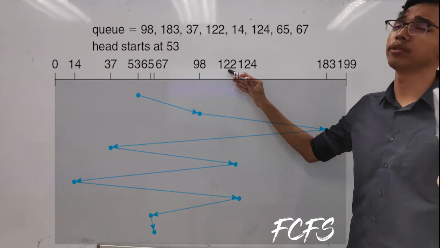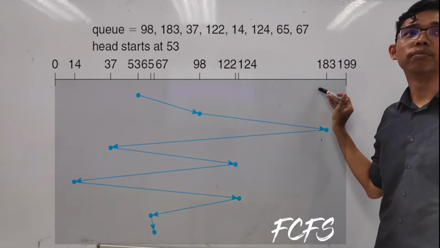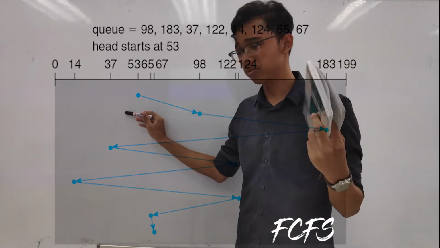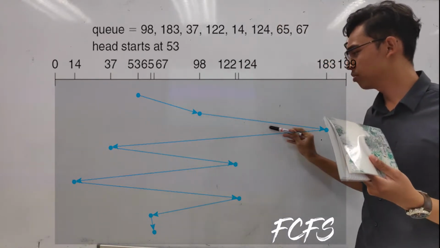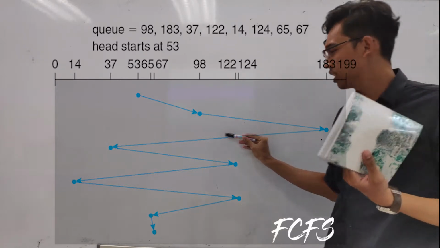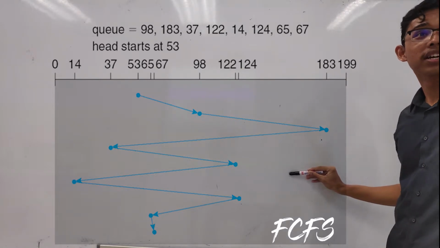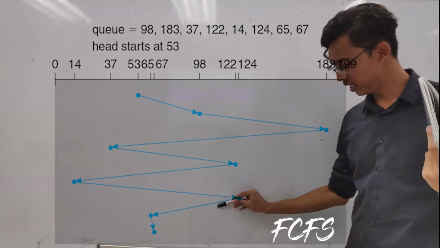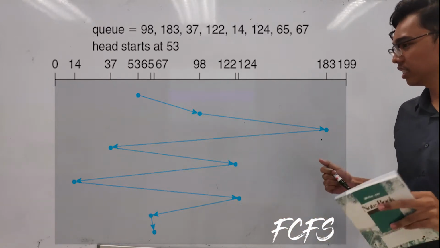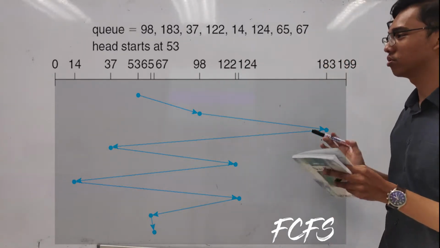Then we have 183. Then we move backward to 37. Going back to 122. Backward again to 14. Then move forward to 194. Then the second last is 65, and finally we have 67 as the last point. You can see the movement: it moves according to the queue given.